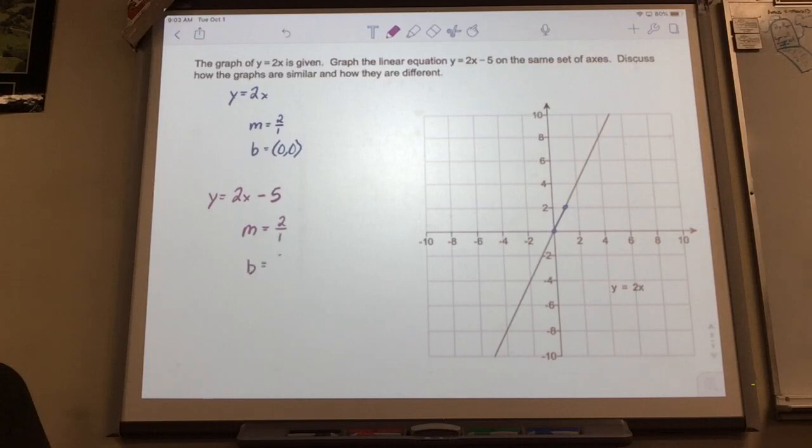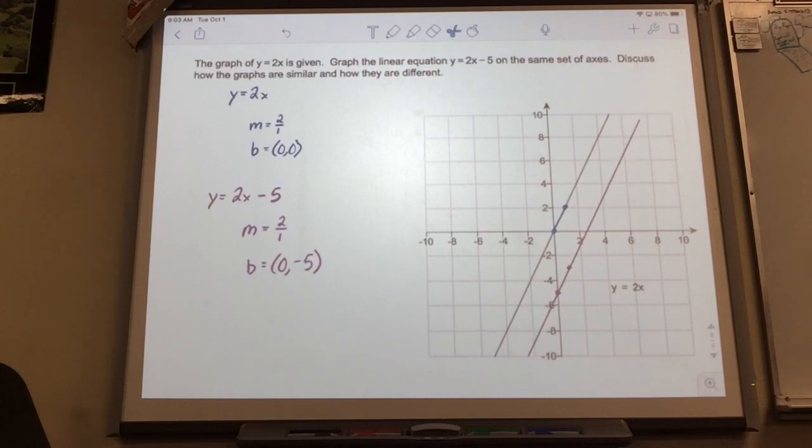Our b is going to change to 0, comma, negative 5. So that means our starting point is going to change. So at negative 5, we can put a dot that's between those lines, and then we're going to go up 2, over 1. Then from there, we can draw our line.